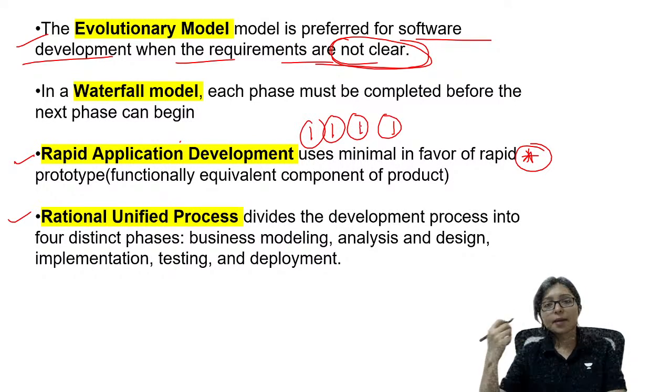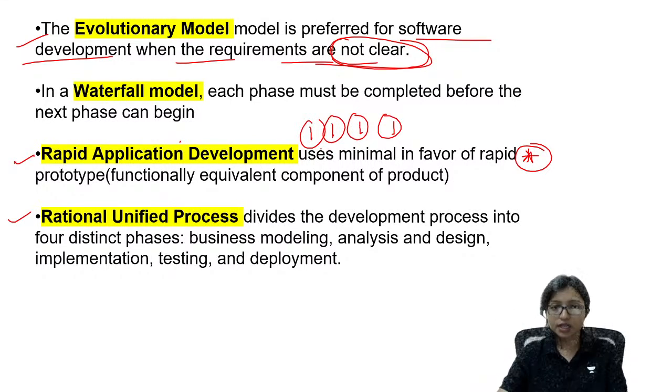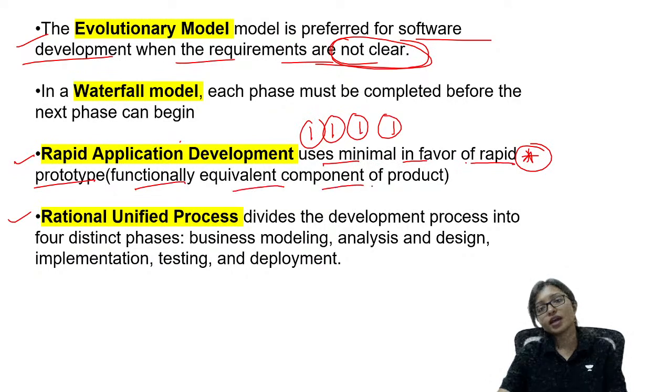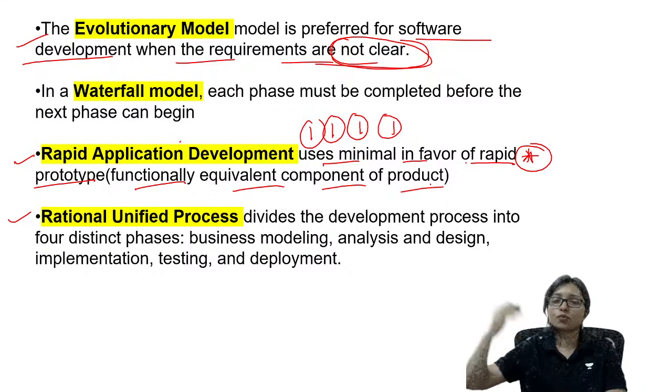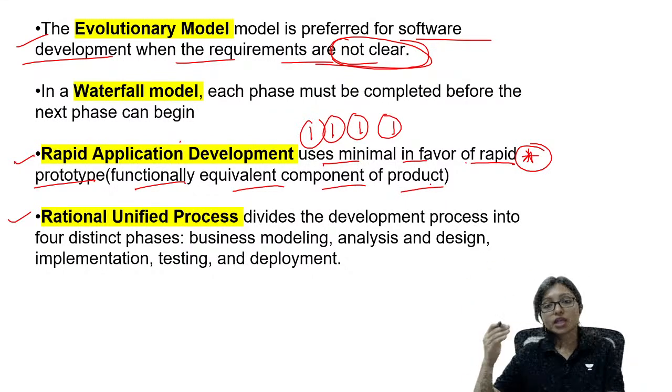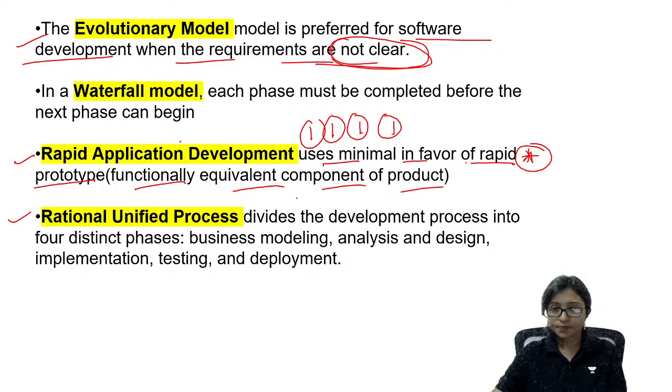That is called the rapid development model, and here it uses minimal planning in favor of rapid prototyping, and functionality equivalent to the components of the product. All the functionality will be divided so that everyone can work parallelly. Here the rational unified model divides the development process into distinct phases, like business modeling, analysis, and testing.